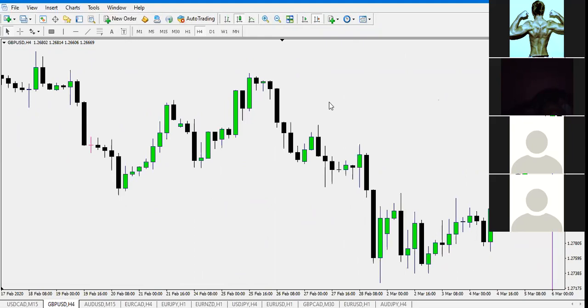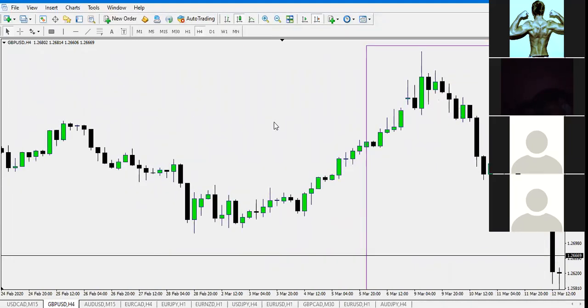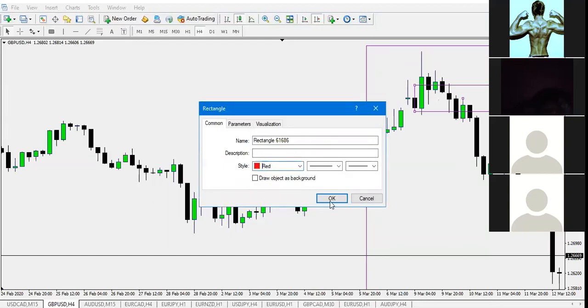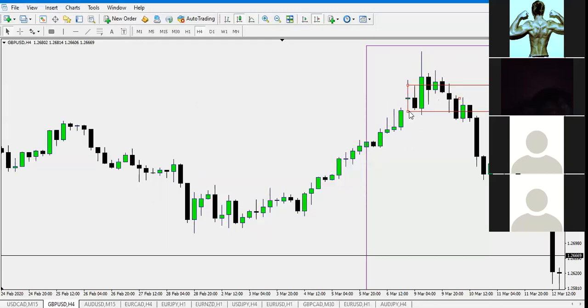Let me get a better view over here. So this bullish order block over here would have been our breaker candle, because that was the last bullish order block before that moved to the upside.